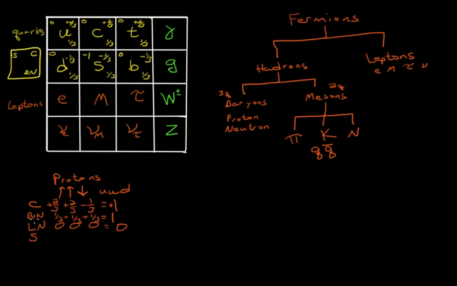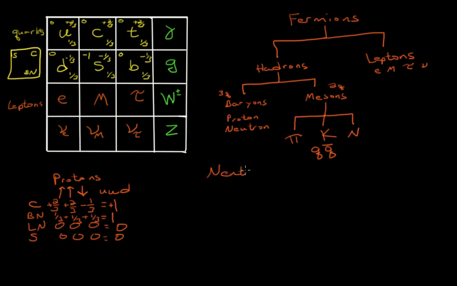And strangeness, all the strangeness numbers are 0, unless it's got a strange quark in it. So since it's all zeros, it's 0. So a proton has a set of numbers: a charge of +1, a baryon number of +1, a lepton number of 0 and a strangeness of 0.